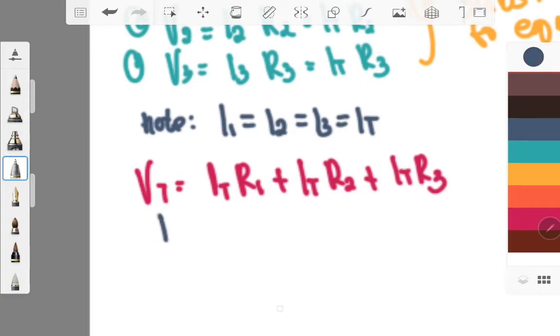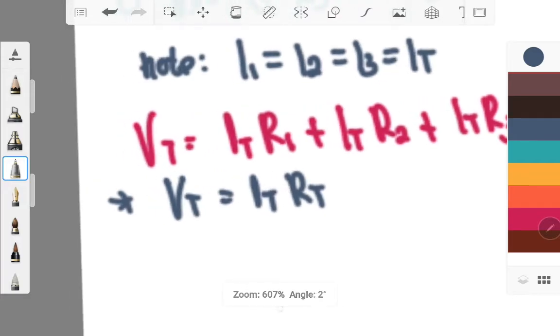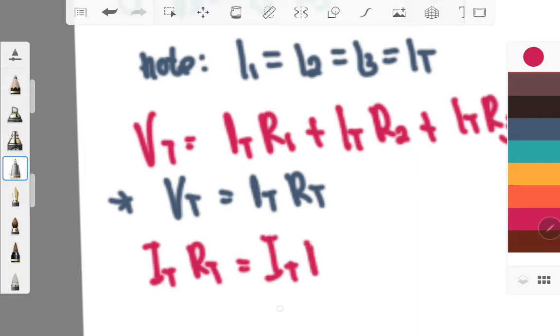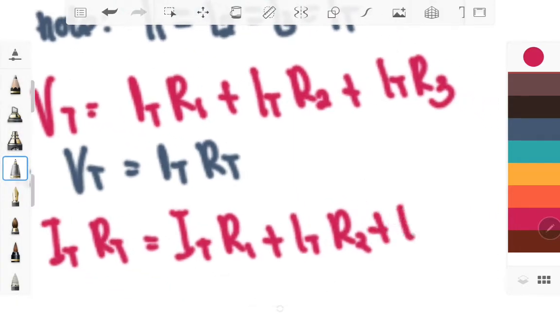So your V total is equal to your I total multiplied by your R total. So therefore, I may say that my V total is equal to your I total multiplied by your R total, is equal to your I total multiplied by R1 plus I total multiplied by R2 plus I total multiplied by your R3. Right?